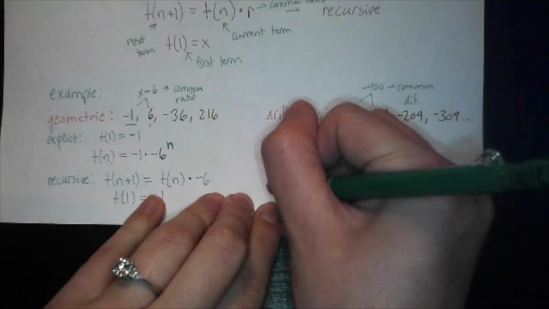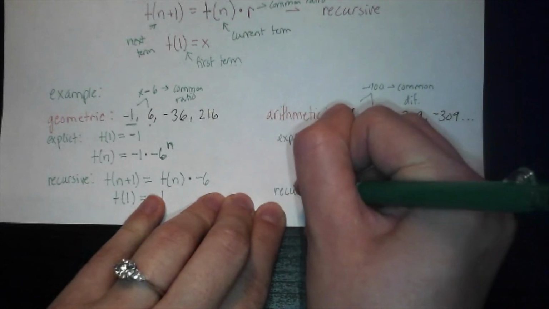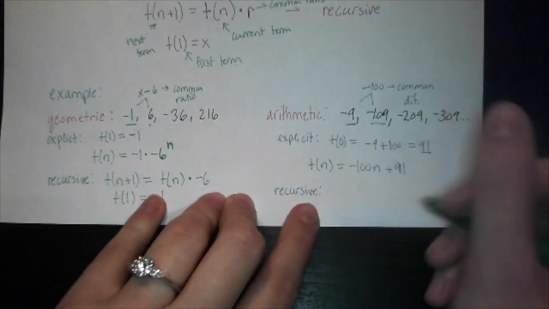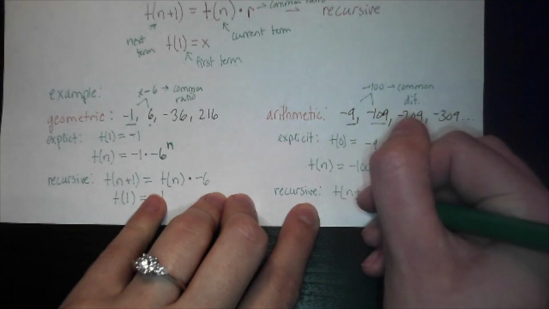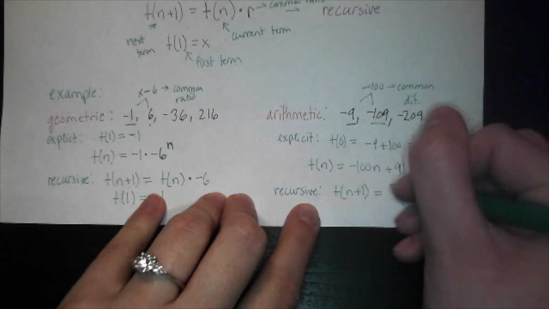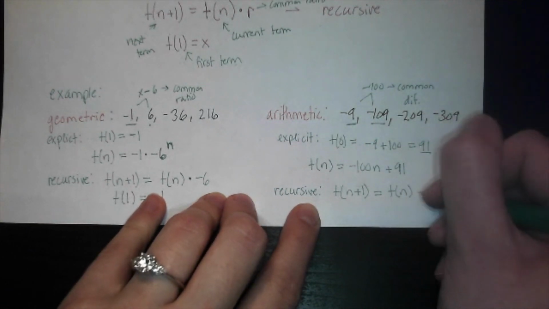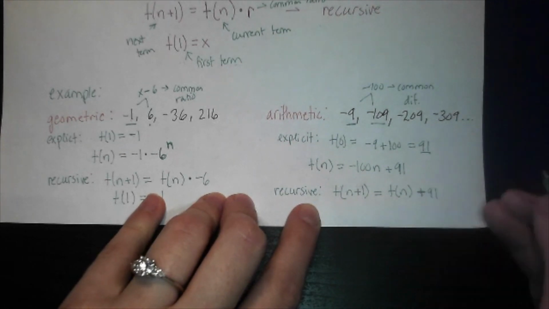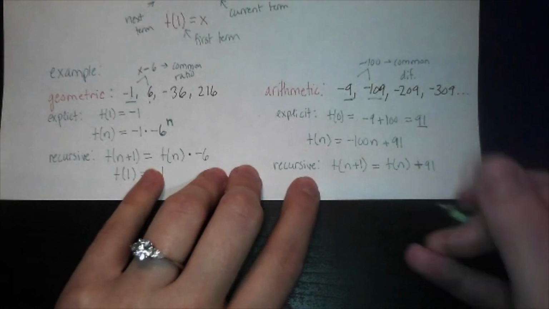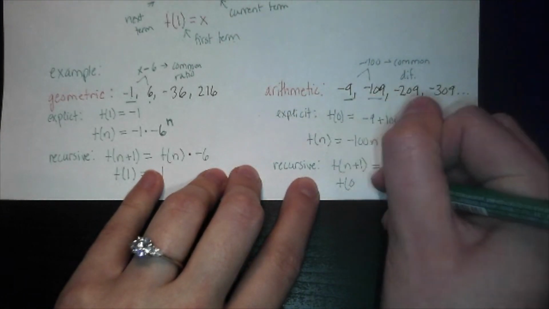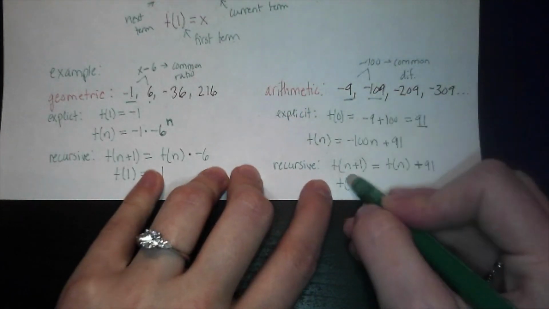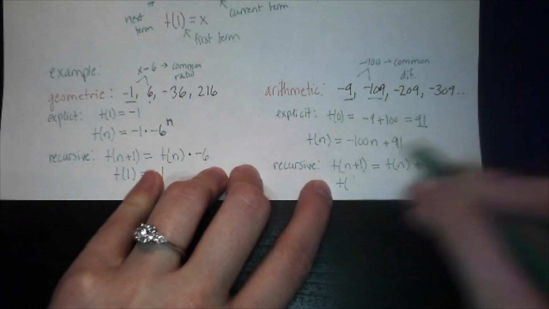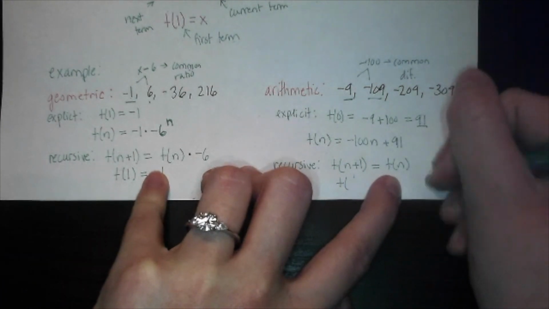All right. And then for our recursive equation, we're going to follow pretty much the same pattern as we do for our geometric recursive equation. We have t of n plus 1 equals t of n plus 91. We're not multiplying this time, we're adding. And then t of 0, or I'm sorry, not t of 0.